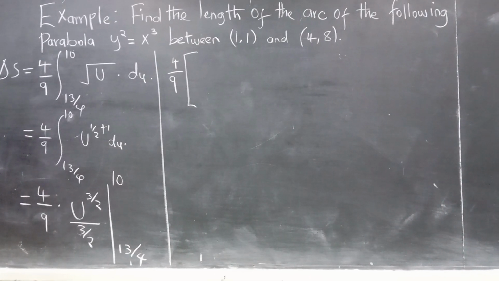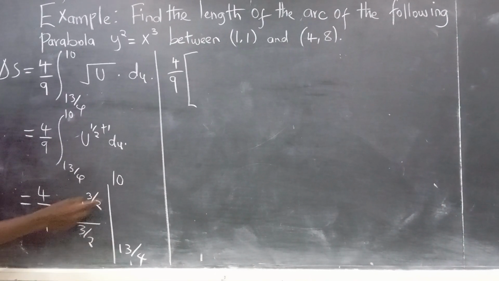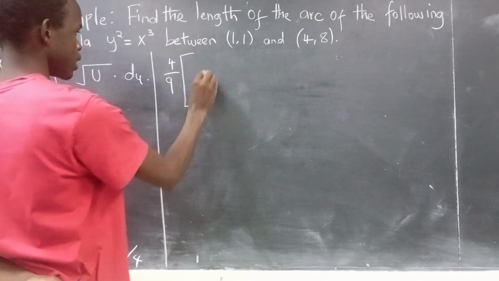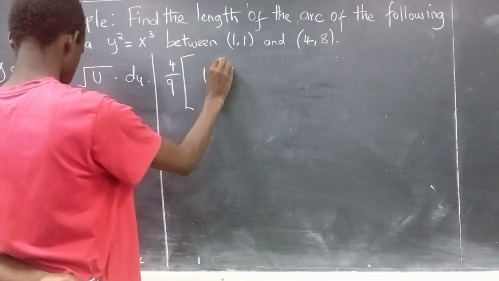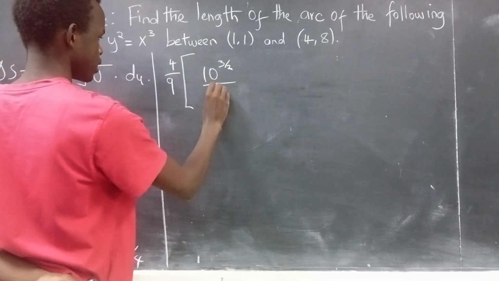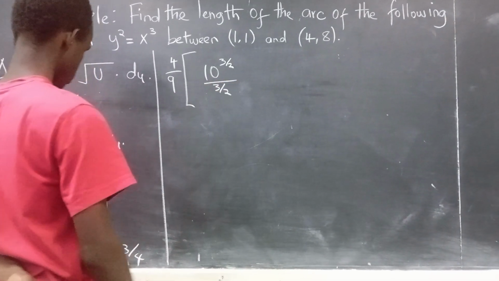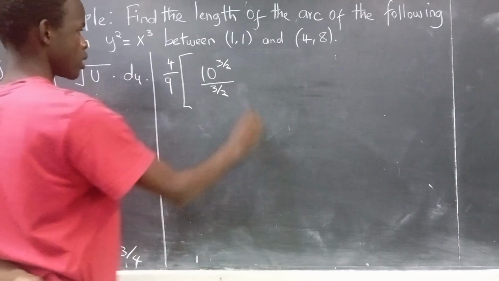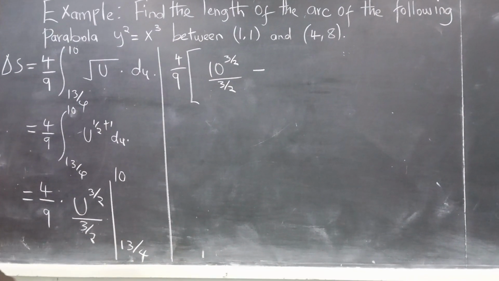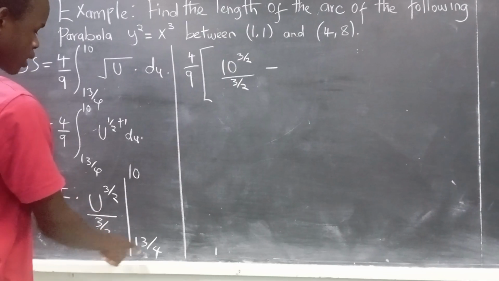Let's eliminate the bound. So I'll replace u with 10, so I'll say 10 to the 3/2 divided by 3/2, minus the other side of the bound. So what's my u?